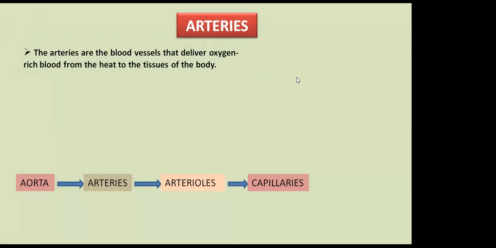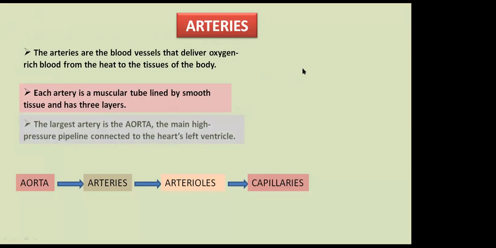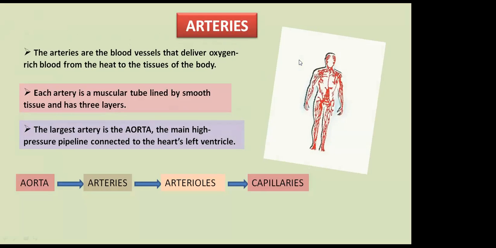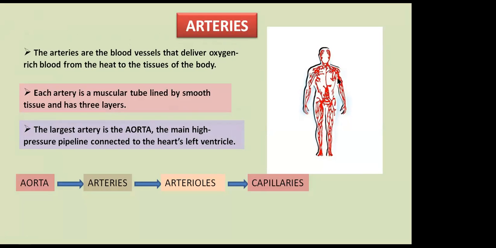First, arteries. Just now I told you, these are the blood vessels that deliver oxygen-rich blood from the heart to the tissues of the body. So arteries deliver oxygen-rich and also nutrient-rich blood to the tissues of the body. Each artery is a muscular tube lined by smooth muscle and tissues.